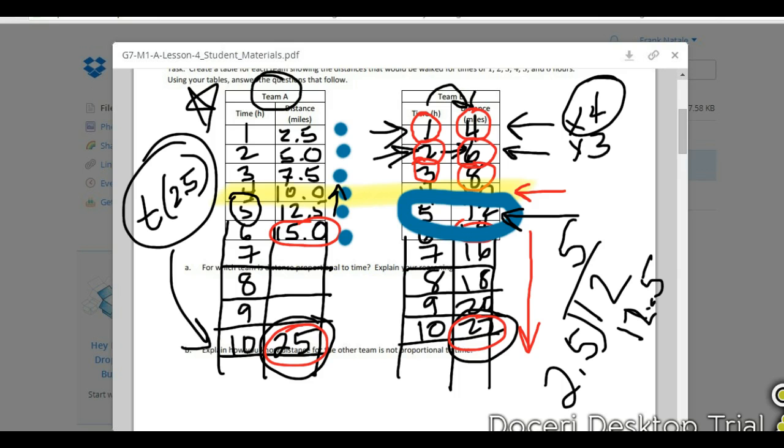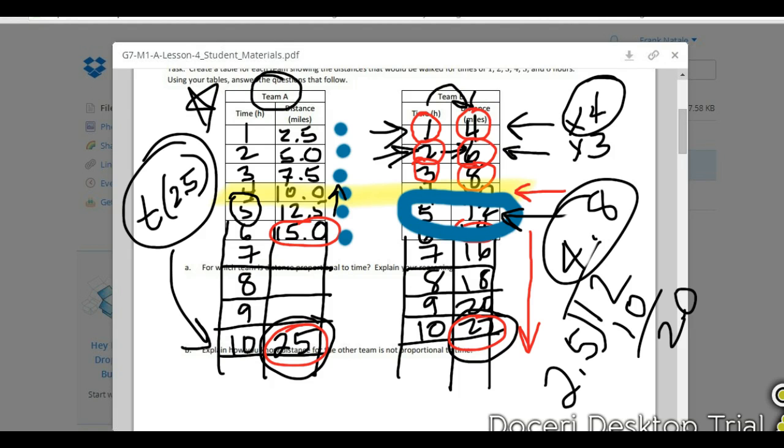So we already know that's 12.5, so it's less than 5. So now we know it's 4, and we're pretty good with that. We're just going to say that's 4, and that's 10. What's that? 0.8. So again, you can see we have 4.8 hours for 12 miles for team A.